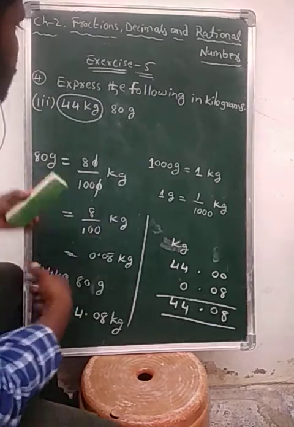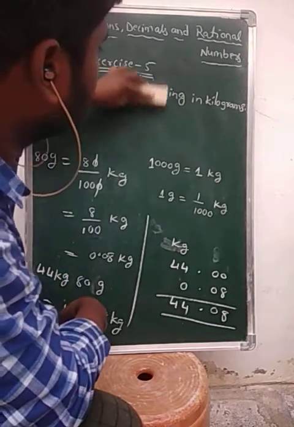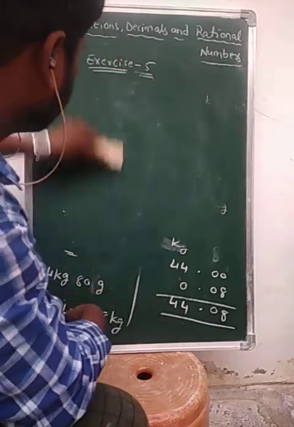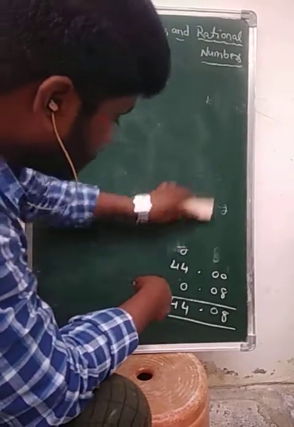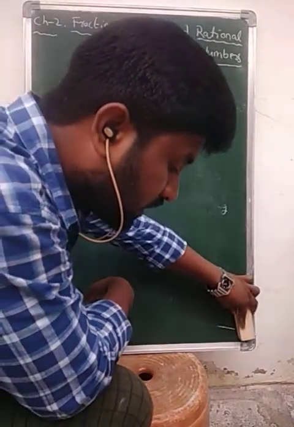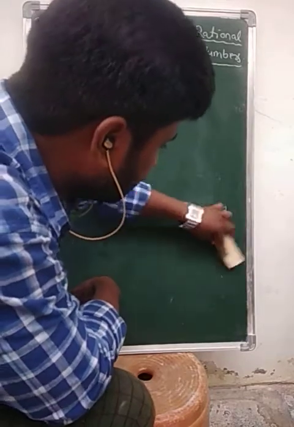Okay, now see the next one. The next one is given: write the following decimal numbers in expanded form.